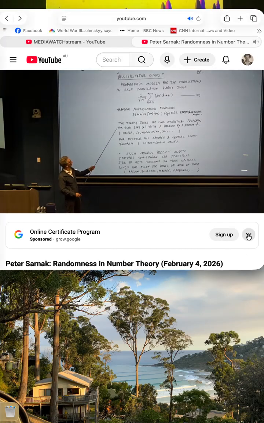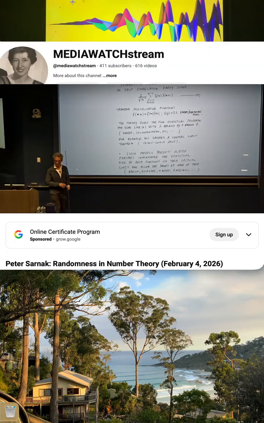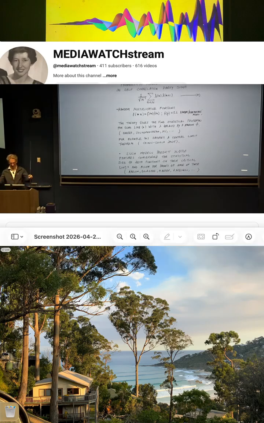So the most important thing about the function lambda is that lambda of mn is lambda of m times lambda of n. Because the number of factors is going to add, and then the parity will be multiplicative. So we could take a random multiplicative function, meaning at each prime, I take the function to be plus or minus 1 at random.